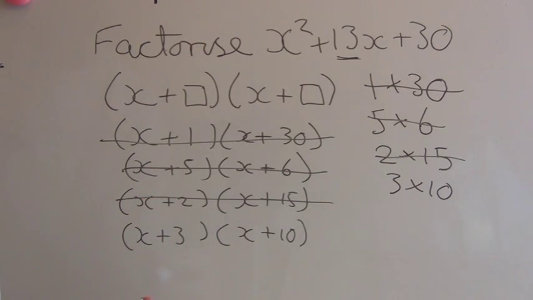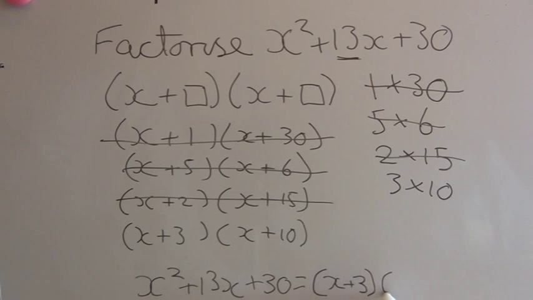So now we can write our equation as x squared plus 13x plus 30 equals x plus 3 times x plus 10. So that's my final example.